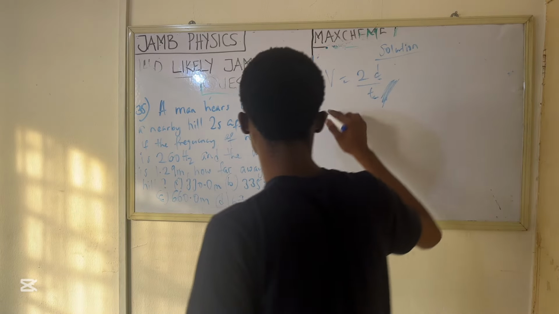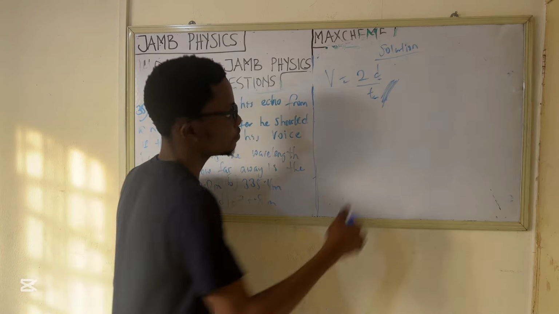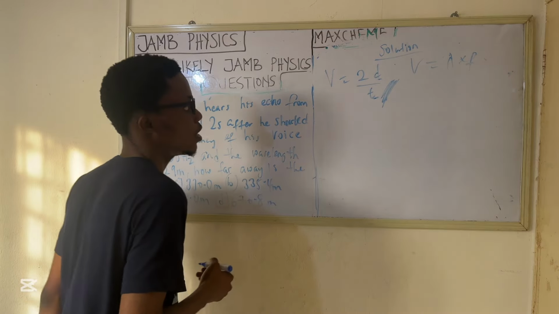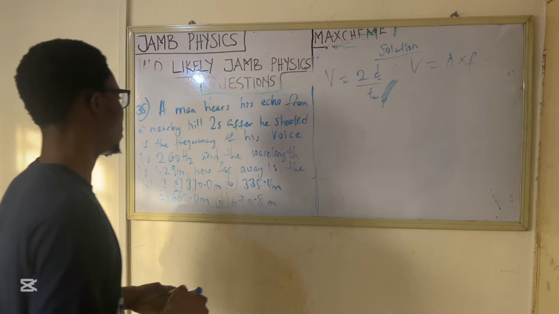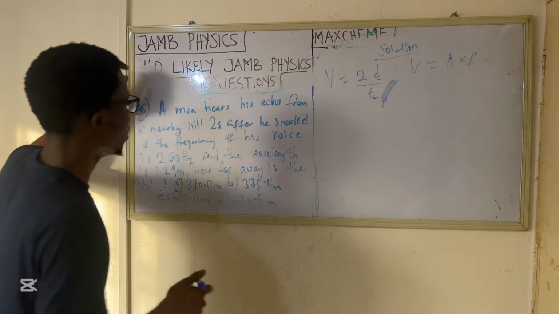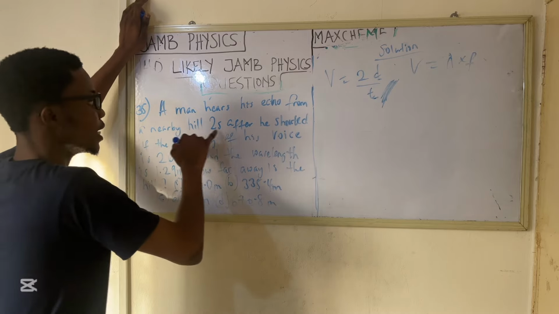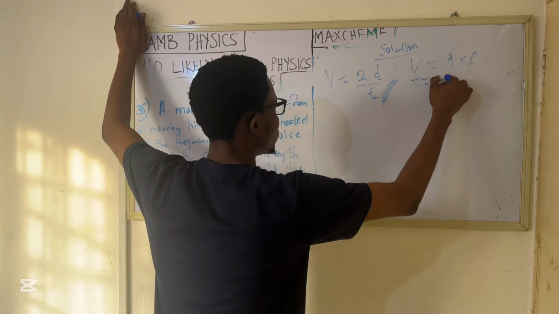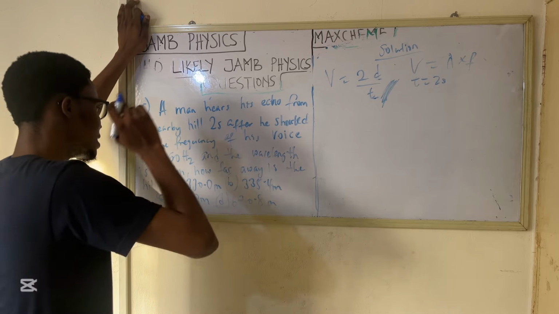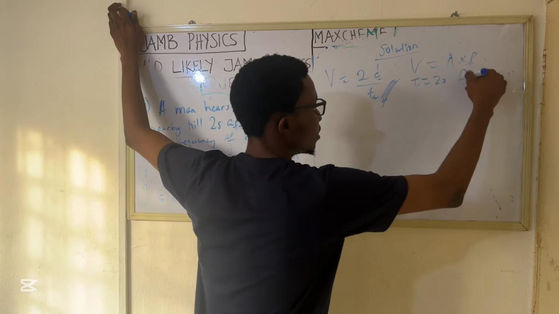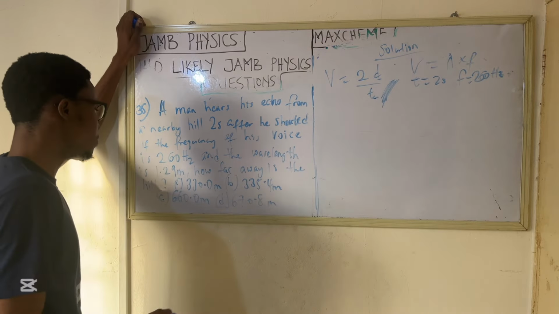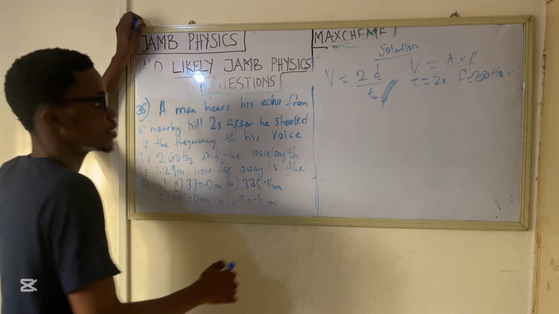So V, how do you get V from wave? V is equal to what? Lambda times frequency. Now in this case, let's look at our wavelength and our frequency. You have T to be 2 seconds, and he shouted. If the frequency of his voice is 260 hertz, that is f is equal to 260 hertz, and the wavelength is 1.29 meter, that is lambda.